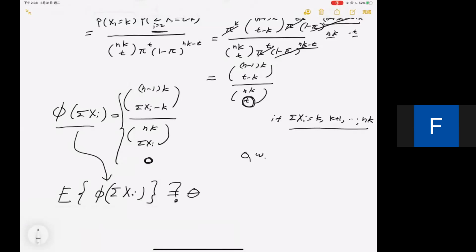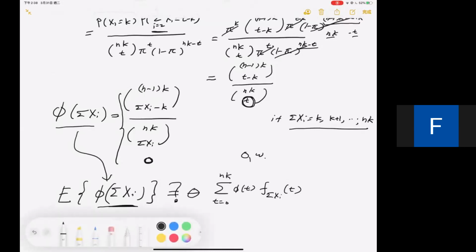But what's interesting is this guy is a function of summation xi. You see what I'm doing, right? Before, you're just finding the range of the summation xi. Then you use the PDF of summation xi here. It's some range from 0 to, I don't know, nk, maybe nk. Then you put your Vt right here to derive the expectation.